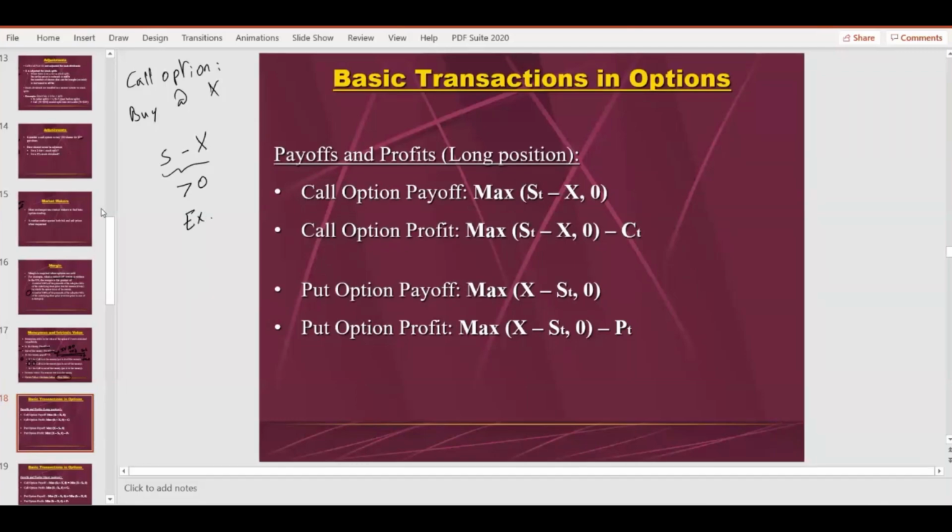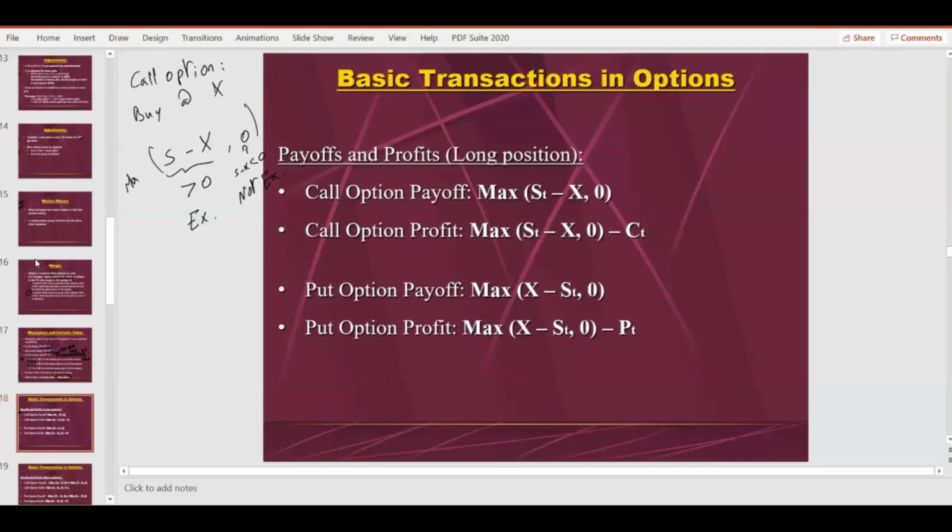If S minus X is less than 0, we will simply decide not to exercise. So if S minus X here is less than 0, we will decide not to exercise, and the payoff is going to be 0. So in this case, I can say that the payoff of the call option is the maximum of those two values, S minus X and 0.